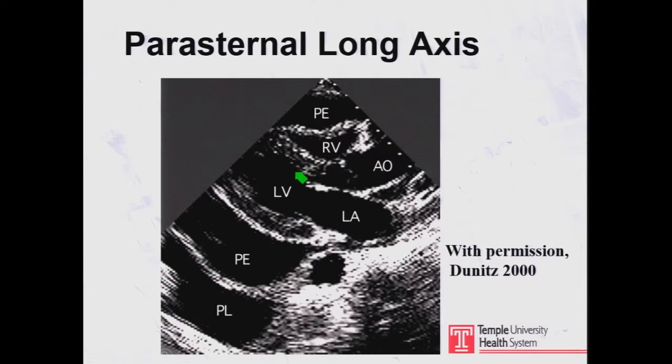So trailing edge is this side of this line, and leading edge is that side of this line. It's subtle, I agree, but the reason it's important is that M-mode measurements, since they're leading edge to leading edge, are always a little bigger than 2D measurements, which are trailing edge to leading edge.